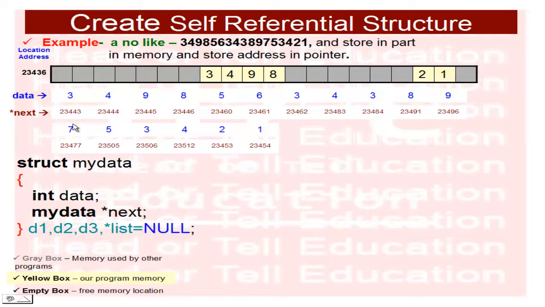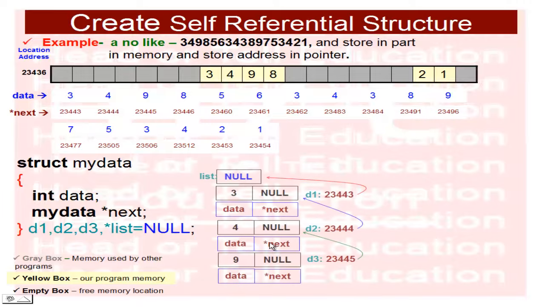In the data part we store the data, and in the next part, the pointer part, we store the data address, because the pointer holds an address. Here I have assigned the list equal to null, initially null.